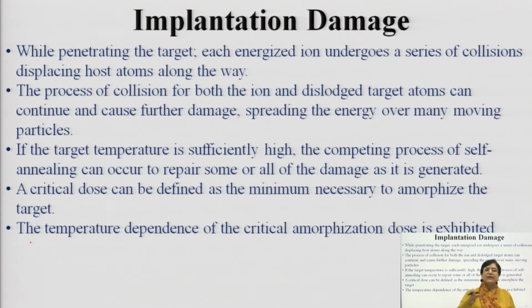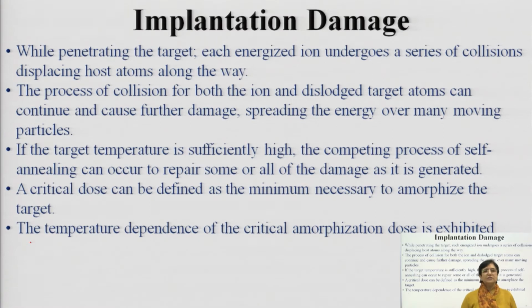Whatever is coming in the way, they strike and progress further, imparting energy to the crystal structure. The process of collision with both ions and dislodged target atoms can continue and cause further damage, and the energy can get spread over multiple moving particles.